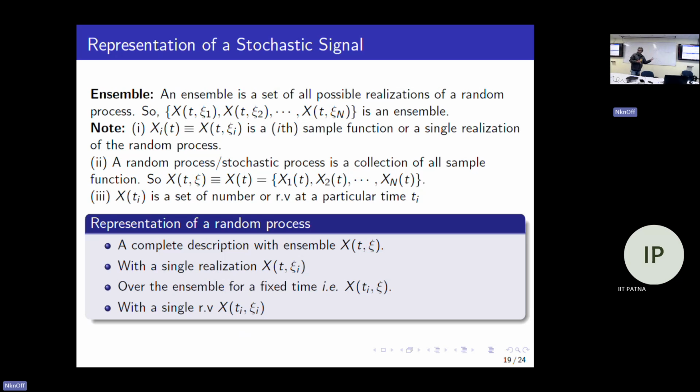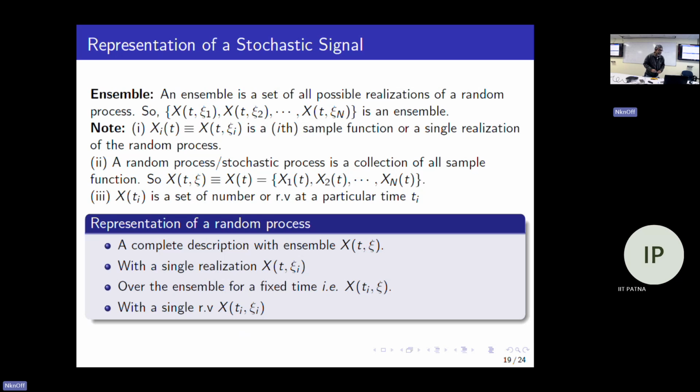It is a set of random variables. These values are also random variables. This is the values across the ensemble. So if I say x(ti), it means the values across the ensemble at the point ti.